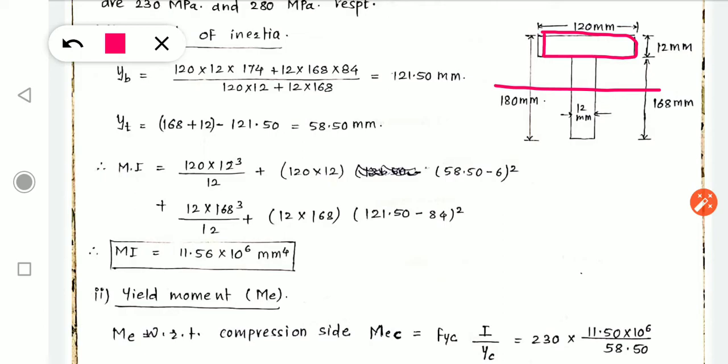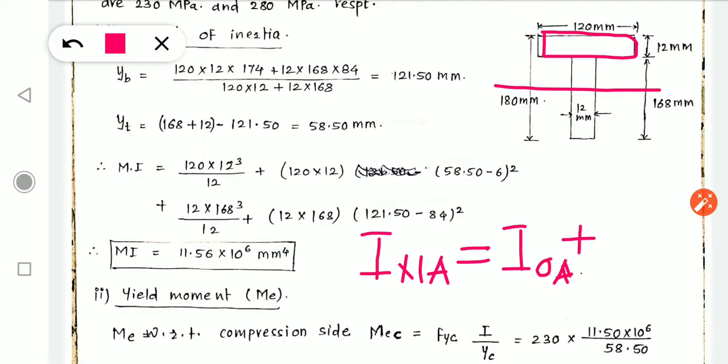What is the parallel axis theorem? So I at neutral axis equals I at its own axis plus area into h square. I am using that exact formula and theorem over here.